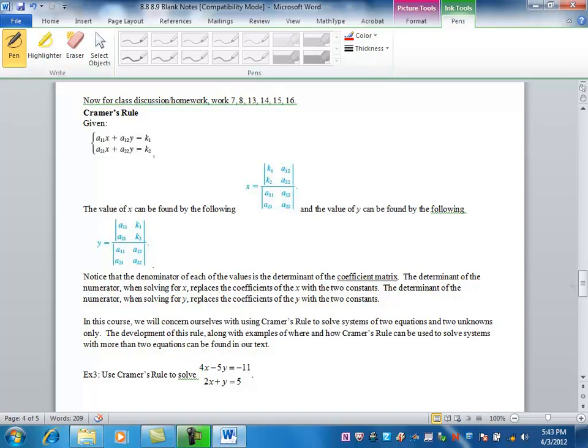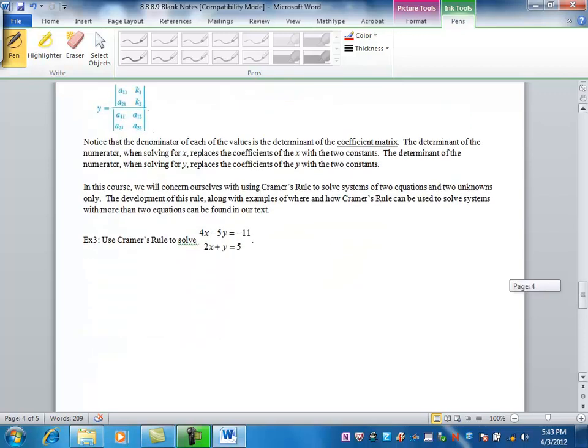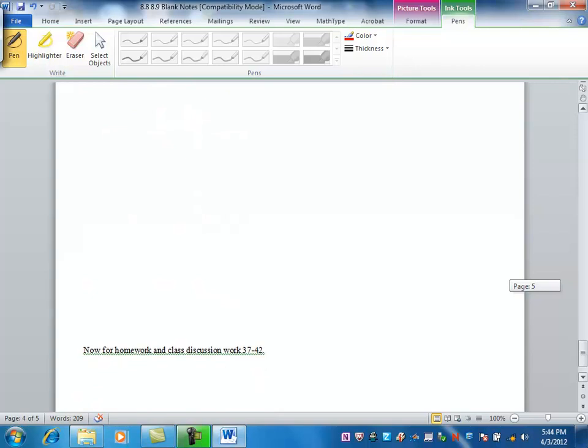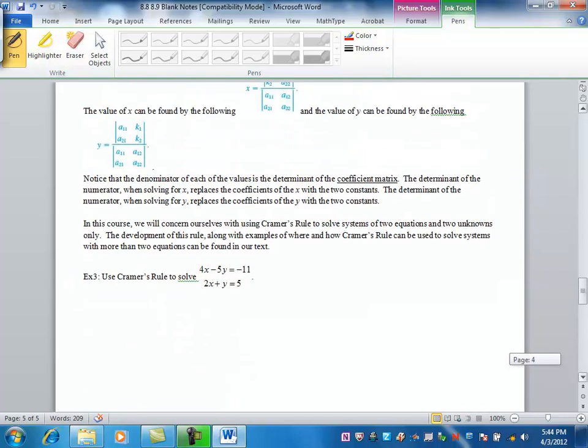And Cramer's rule is what section 8.9 is about. So when you get ready to work the problems here in a little bit, class discussion, you will want to be looking at section 8.9 here and not section 8.8 to get your problems from Cramer's rule.